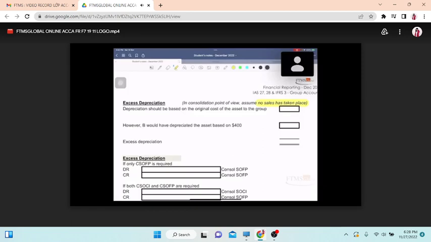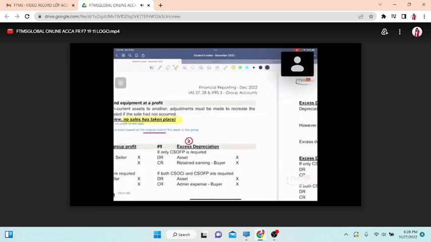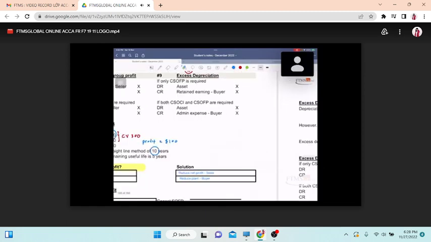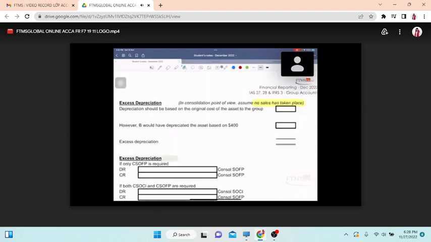In this case, the old cost is $600 and the useful life is 10 years. So the depreciation figure that should appear is 600 divided by 10, which is 60.